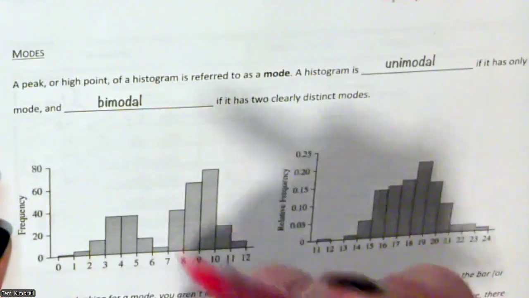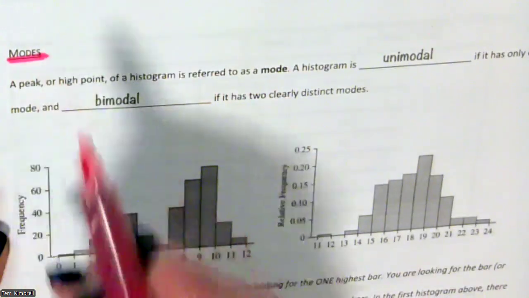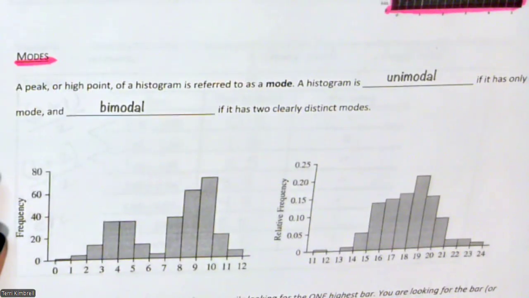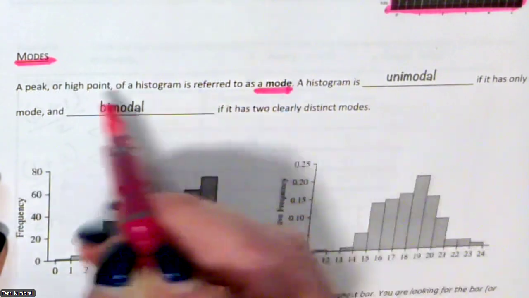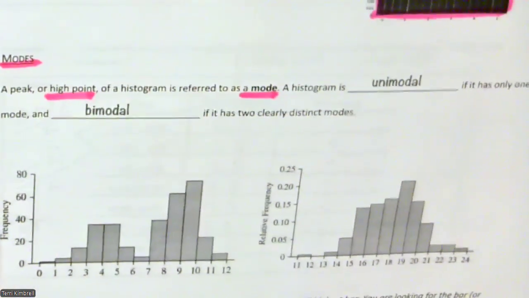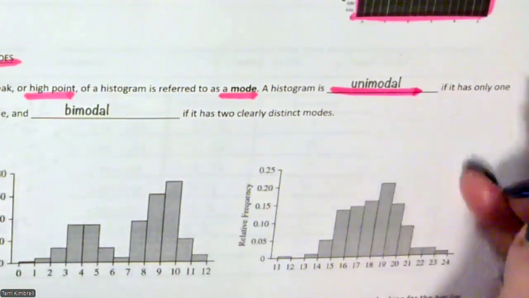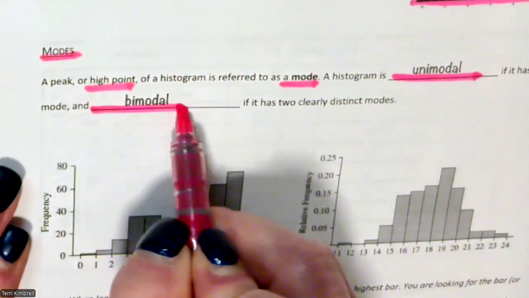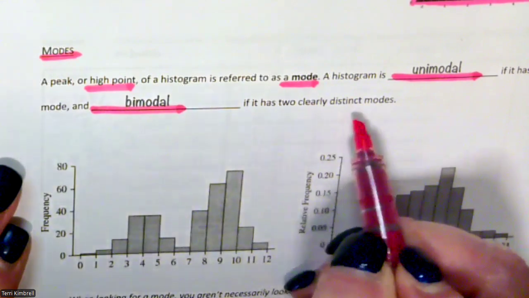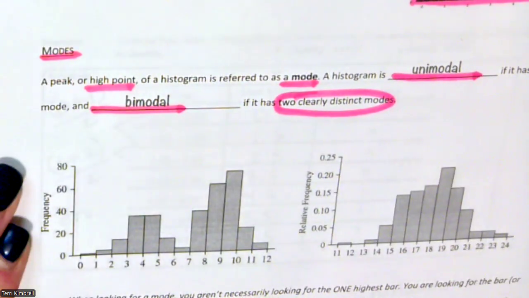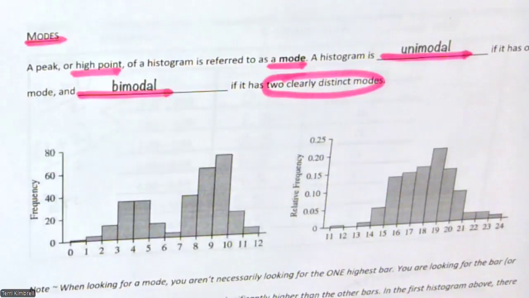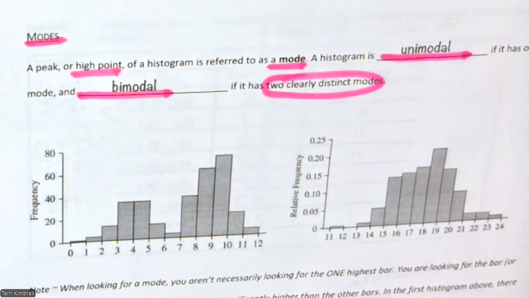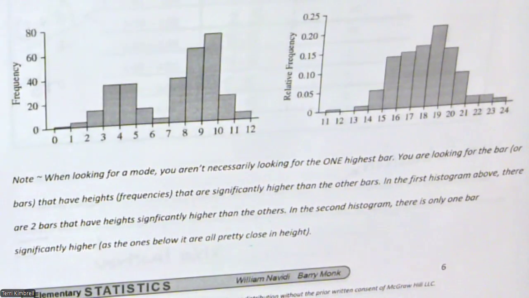Okay, modes. With modes, that's the one that occurs the most often. So if you have a peak or high point of a histogram, it is referred to as a mode. A histogram is unimodal if it has only one mode. It's bimodal if it has two distinct modes. Okay, let's take a look at these graphs.